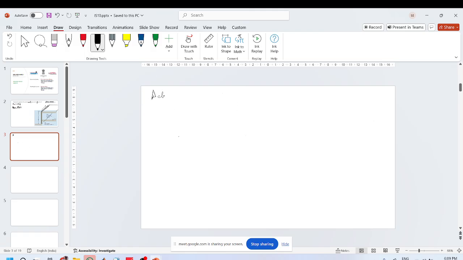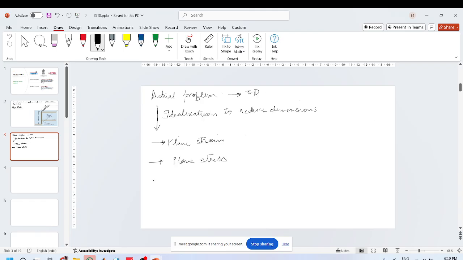Your actual problem is three dimensional, and what you do is you idealize it. So it can be plane strain condition, it can be plane stress condition, or it can be axisymmetric condition.